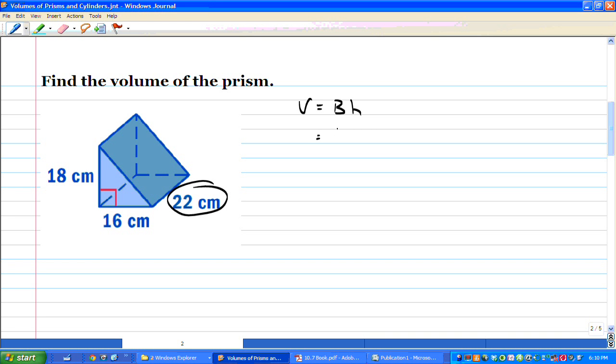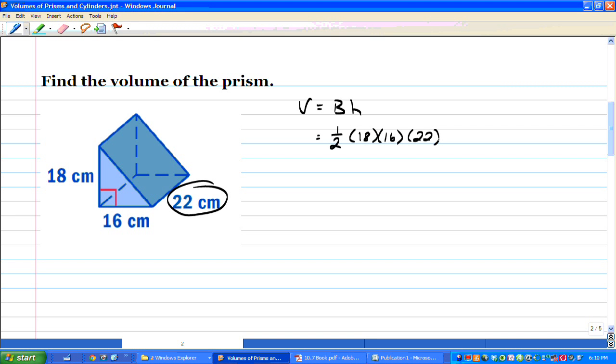The area of the base, well, we have area of a triangle is 1/2 of base times height. Here, the base is 18 times the height of the triangle, which makes that face, which is 16, times the height now of the actual prism, which is 22.